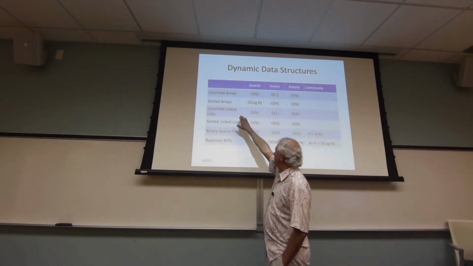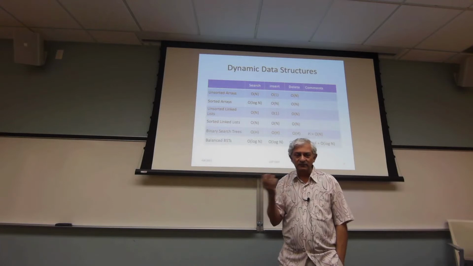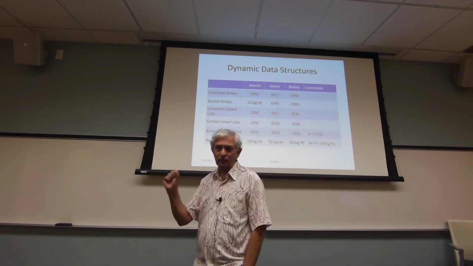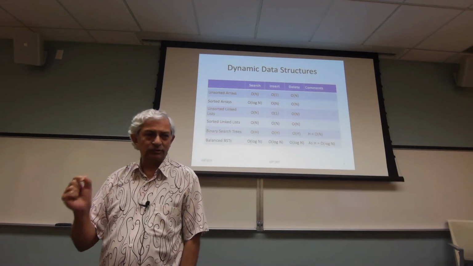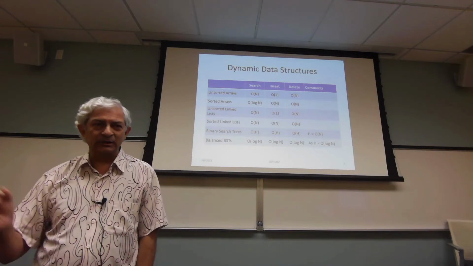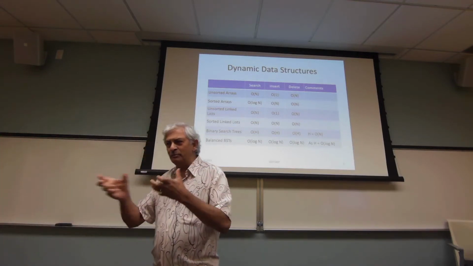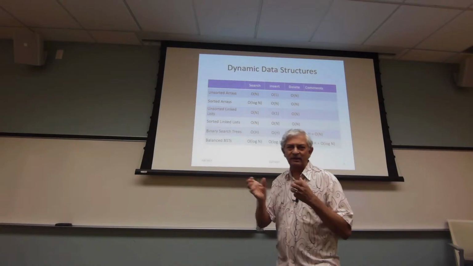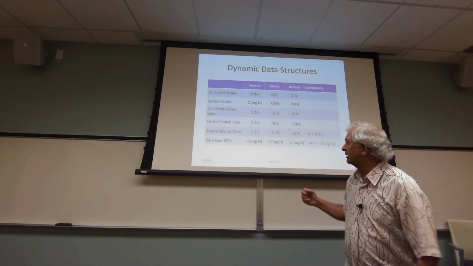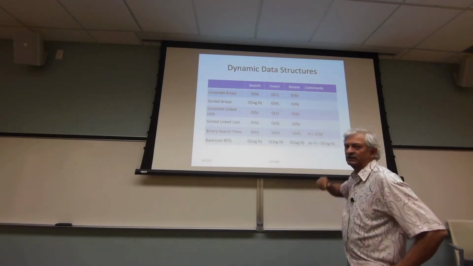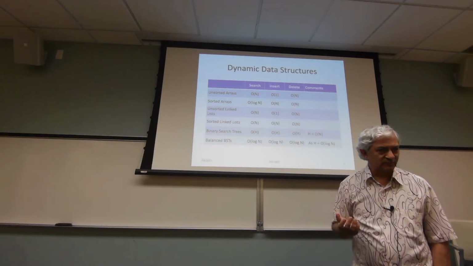On the other hand, if you have a sorted array, then the advantage is that because it's sorted, you can do binary search. So searching is very fast. But if you want to insert something, you may have to move things around and keep things in order. And so therefore, inserting and deleting becomes very expensive.